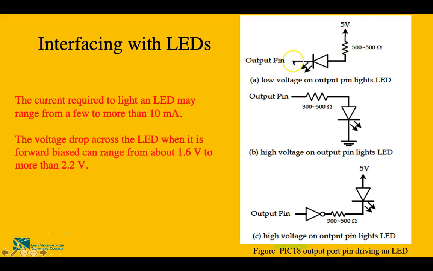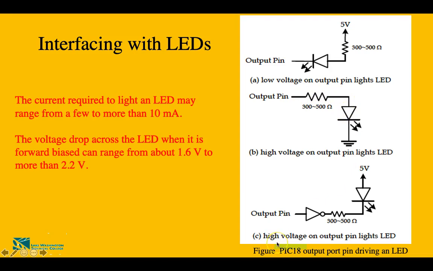And then here the cathode is connected to the output pin. So this is a low voltage on the output pin lights the LED, and this is a high voltage on the output pin lights the LED. You can see that the output pin is connected directly to the resistor and then to the LED.